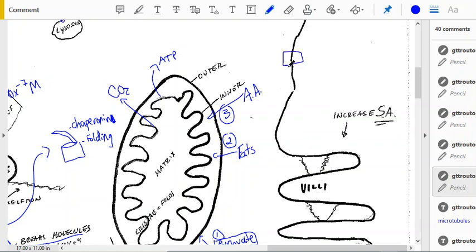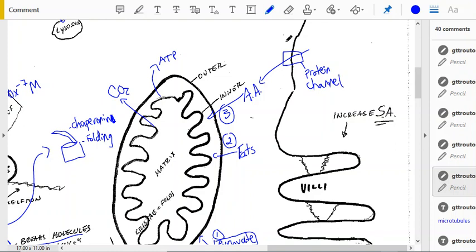It is possible for amino acids to be brought into cells using a protein channel, so I'm going to go ahead and label this as a protein channel. We'll talk more about protein channels and pumps and all that stuff in our next video, but just showing you the outline for right now.